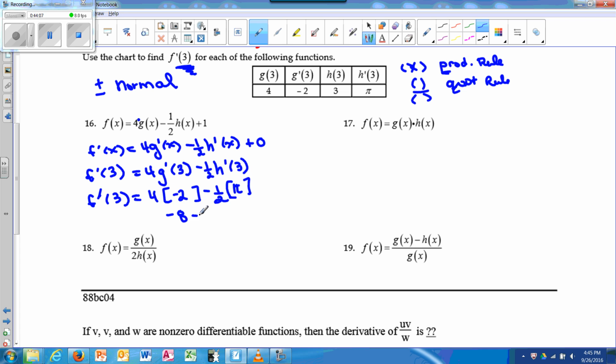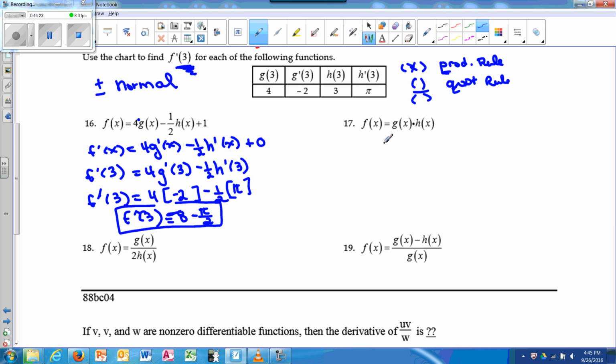We're looking for f prime of 3 for all of them. So in our notation we can't mix up the 3's and the x's. We have to be very careful about that. When we're taking the derivative in terms of x, all of our terms are x terms.